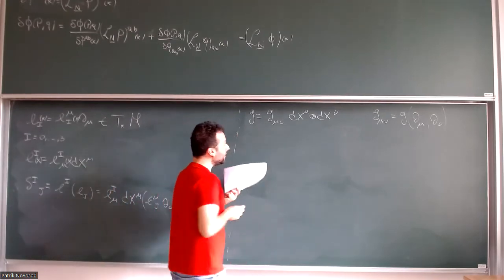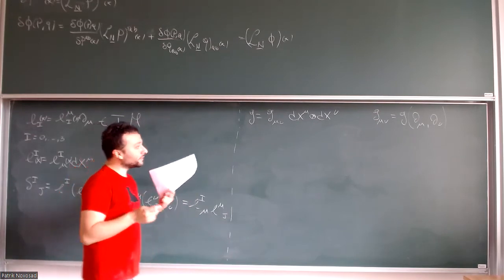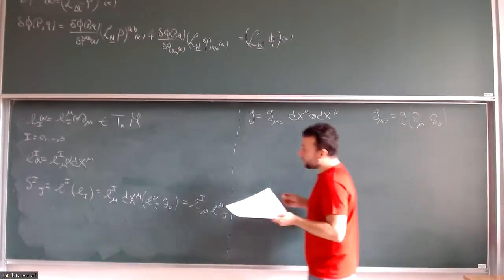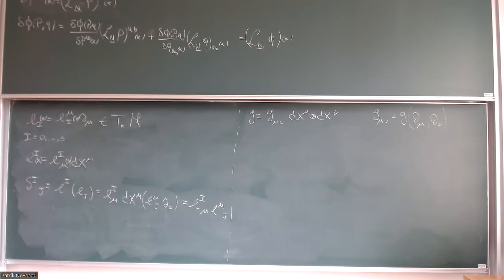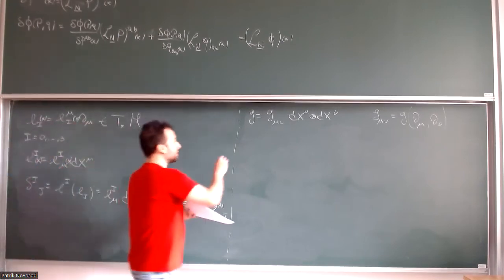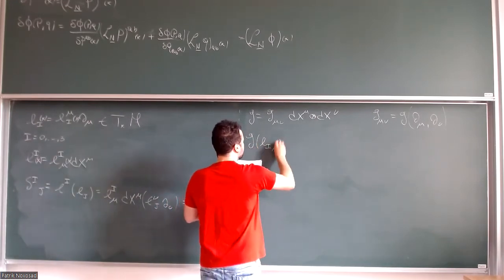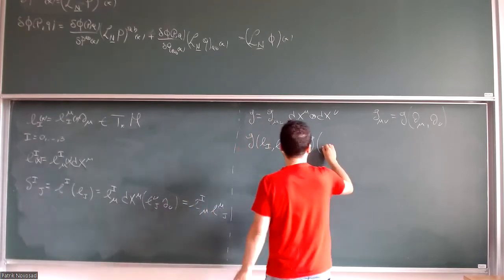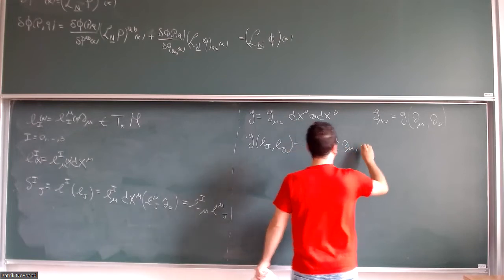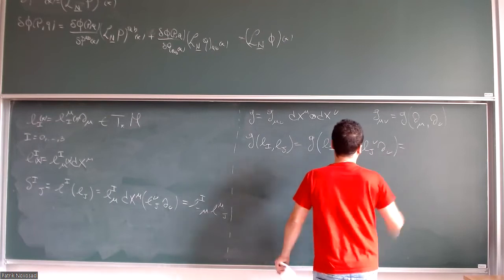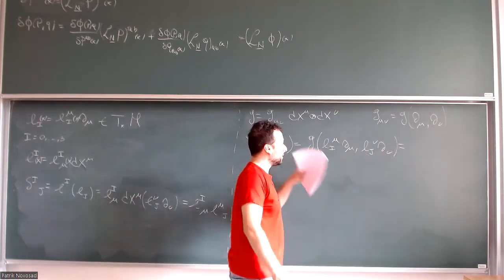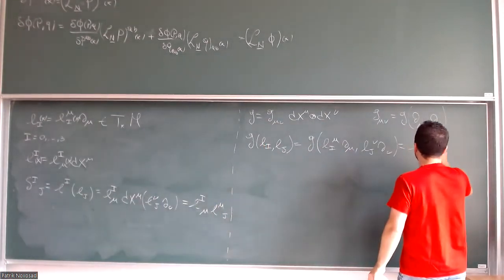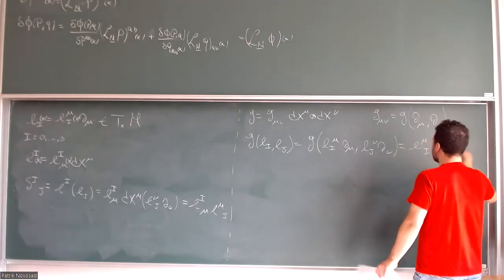Instead of putting the mu nu inside the metric, we put exactly EI and EJ as vector fields inside it, so that we have G of EI and EJ, and these two can be expanded by the product, and so we have E mu I, E nu J and G mu nu here.